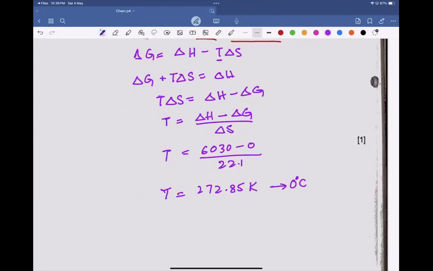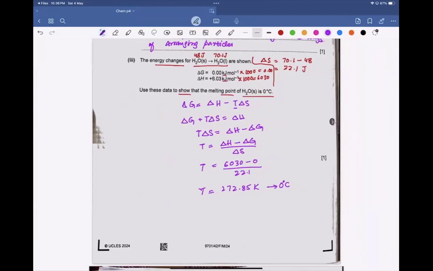That's fine. So it's around 0 degrees Celsius, isn't it? So we have proved that the temperature where it melts is 0 degrees Celsius. Yes. Till here, is it clear to all of you?